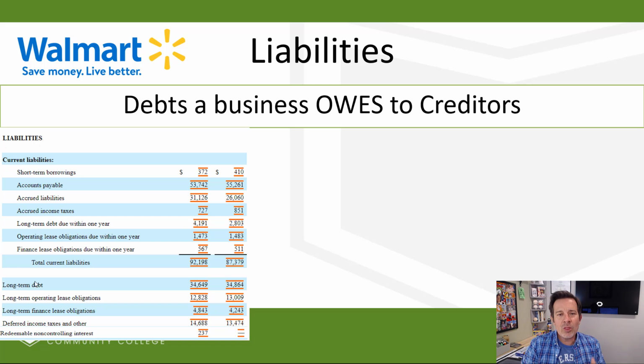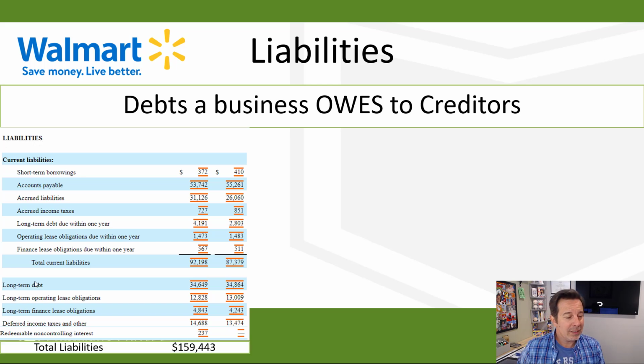But all those amounts under liabilities are amounts that they owe a creditor, that they owe other businesses, or that they owe other people. All right, liabilities. They're liable to pay those debts. You can see all told, Walmart has $159 billion of liabilities, amounts that they owe creditors.